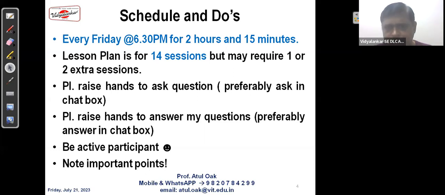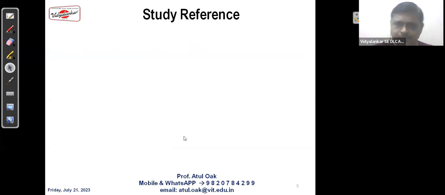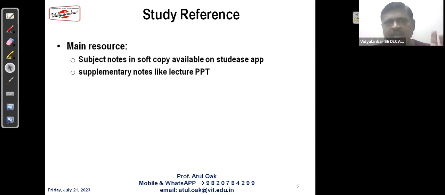The reason is your main study reference is the soft copy of notes which are already available in the app called StudEase. This is the app you will find in Play Store, and in that all notes are already available. Detailed notes are there.